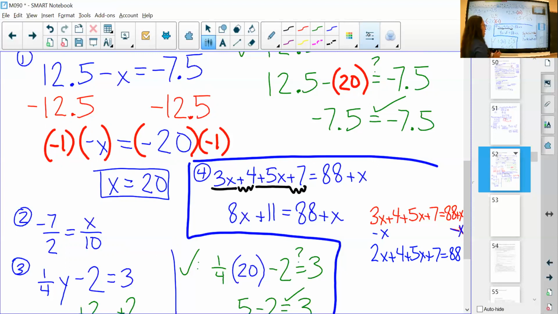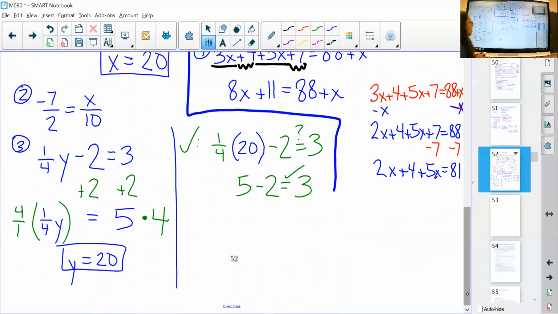Maybe I want to get rid of that 7 next. I can combine like terms like I did over here, or I can just subtract it from both sides. And either option is completely valid. We're going to get the same answer either way, as we'll see. So now I have 2x plus 4 plus 5x equals 81.